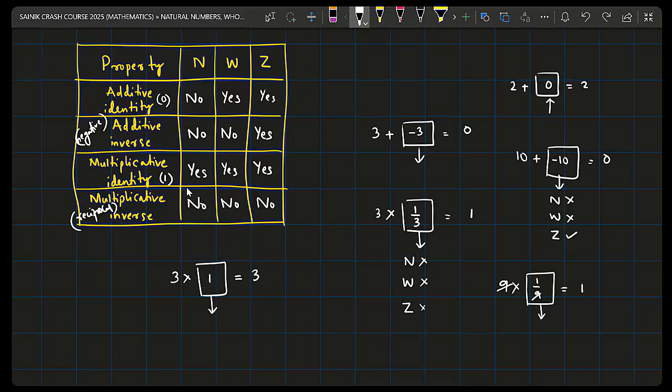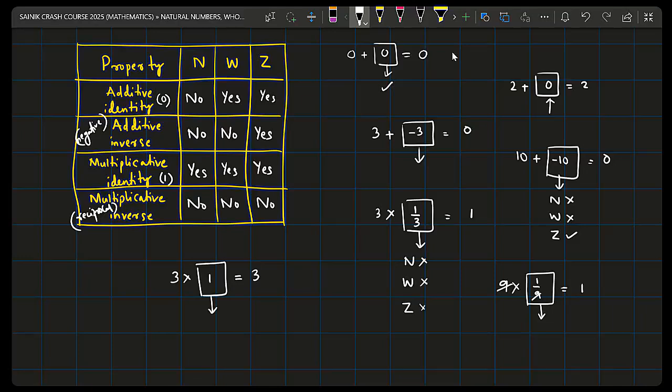For example, you want to check in which set: natural number, whole number, or integers? Whole number, sir. Tell me one whole number, anything. 0. Yes, for 0 it exists because 0, which number you add so that the answer is 0? The answer is 0. So 0 is there in whole numbers, right? We need to check other numbers also. Tell me one other whole number.